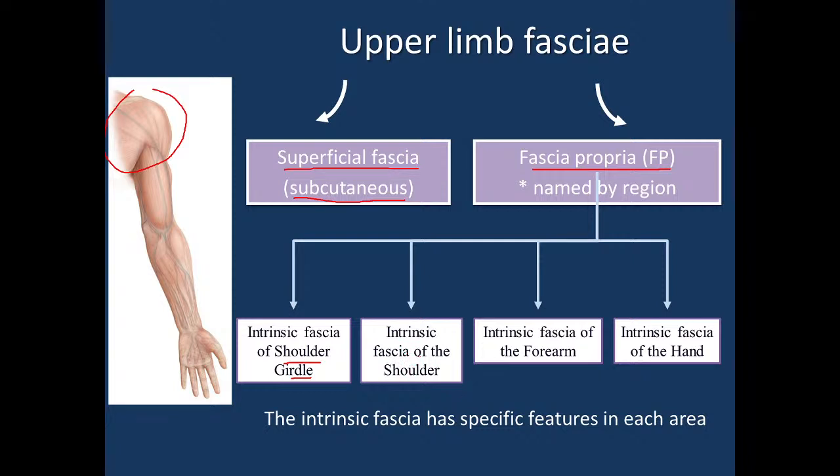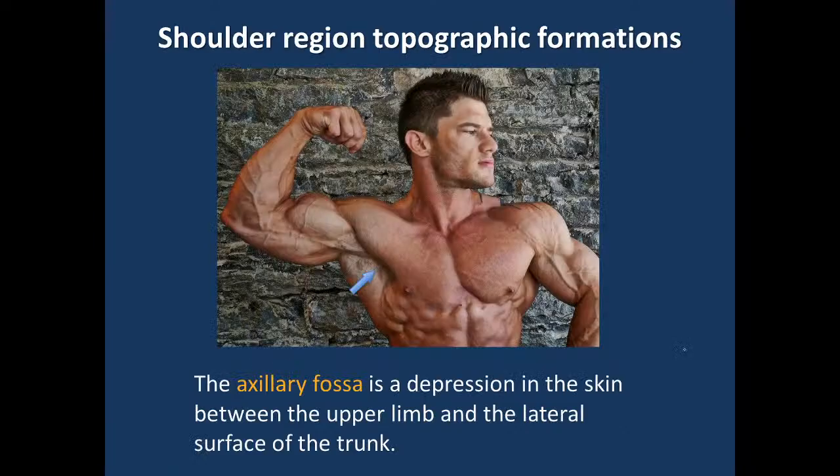Then this is the intrinsic fascia of the shoulder, located around the biceps and triceps, and fascia of the forearm, you see it here, as well as fascia of the hand.